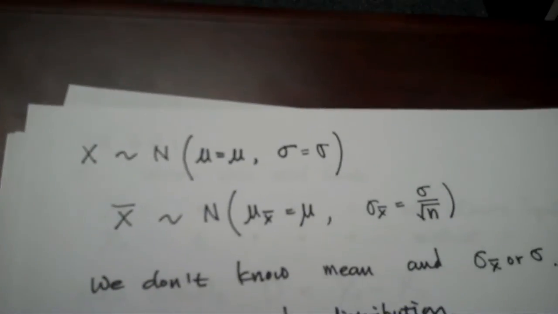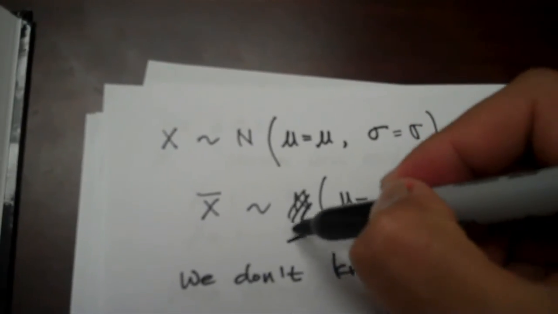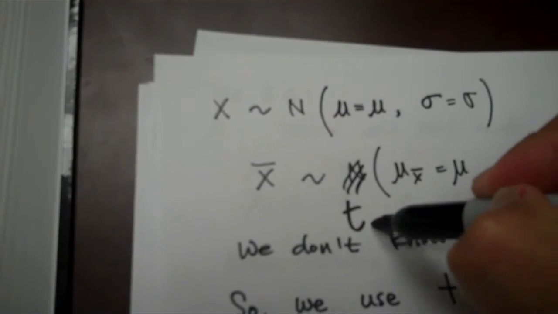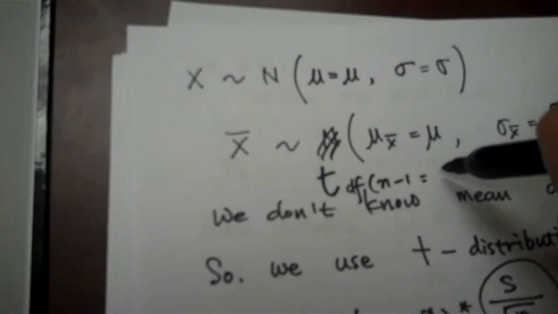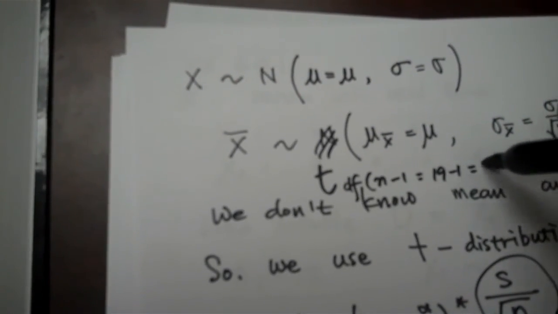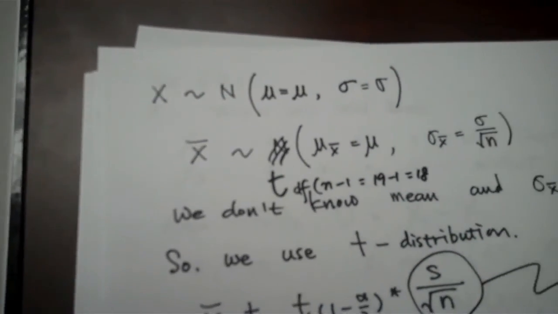So it should be like this, okay? And then we need the degrees of freedom, that is n-1, 19 minus 1 in this case, so 18 is the degrees of freedom.